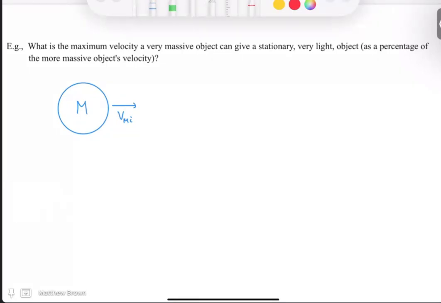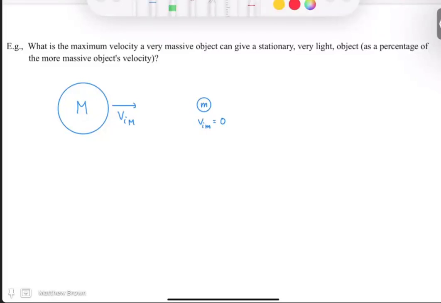Or I guess I've been writing it the other way, haven't I? I've been saying V initial of big M. And it's going to bump into some little m. And in this case, V initial of little m is 0. Not going anywhere.